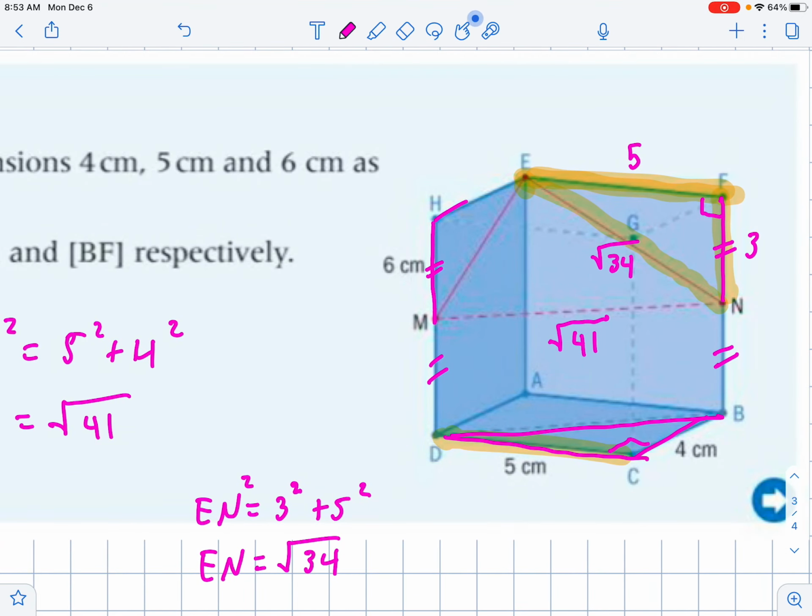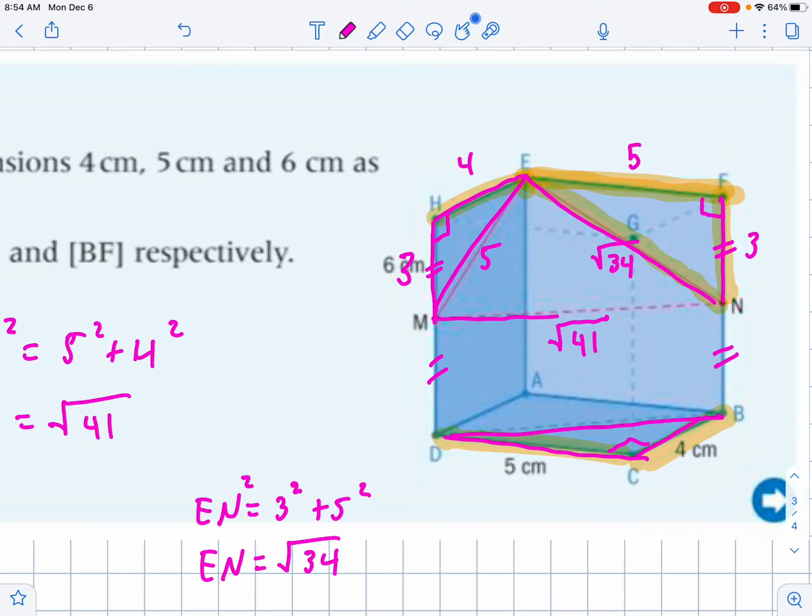Within this triangle right here, first of all, it's a right triangle because that side is a rectangle. This is 3, and this is 4 because it's parallel to this side right here. 3 squared plus 4 squared equals 5 squared. That's a nice Pythagorean triplet. 16 plus 9 is 25, and the square root of 25 is 5. That's called a Pythagorean triplet when they work out nicely like that.